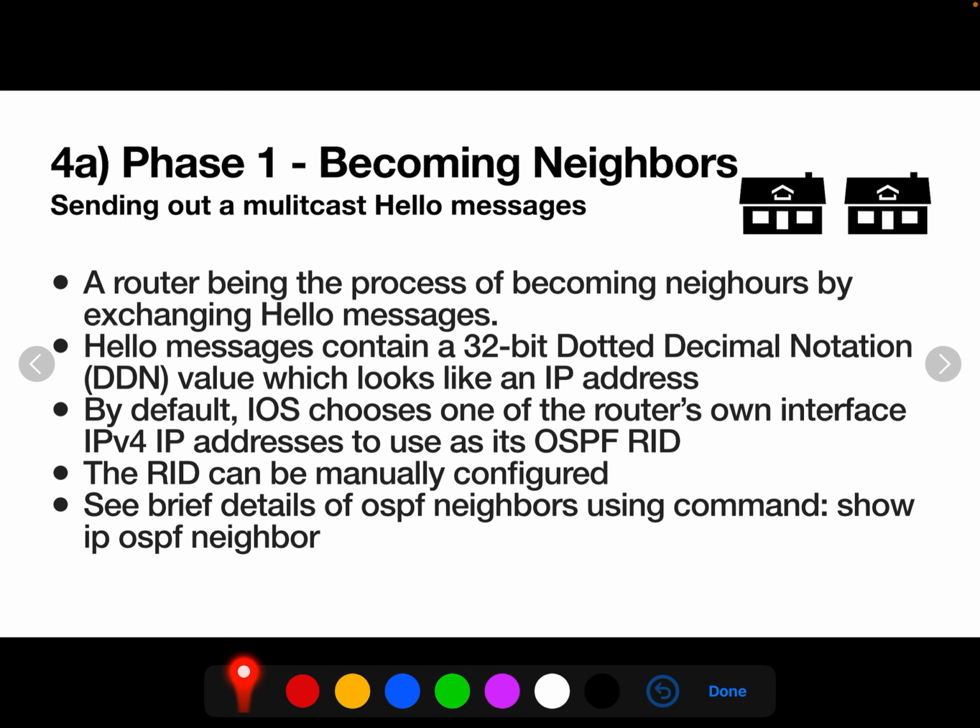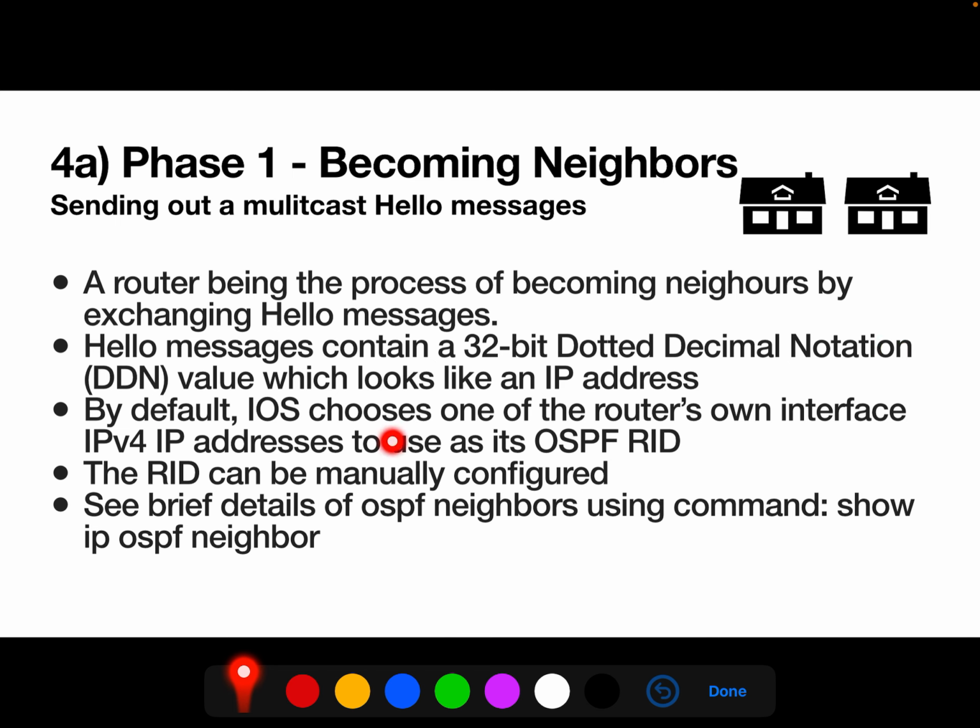Okay, so now I want to talk about hello messages, right? In that process of becoming neighbors, a router begins the process by exchanging hello messages. Now, hello messages contain a 32-bit dotted decimal notation, DDN value, which looks like an IP address.